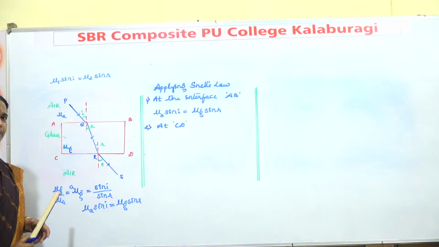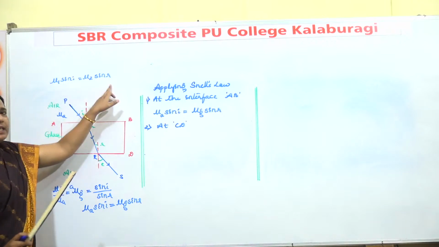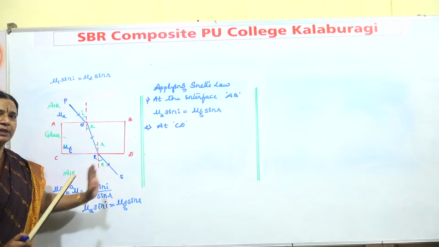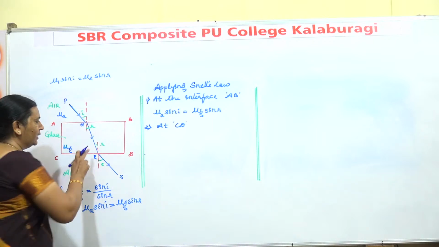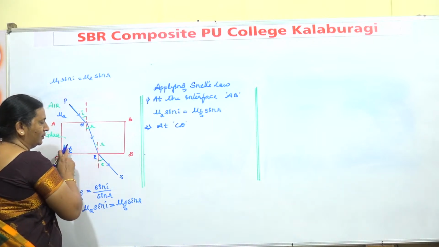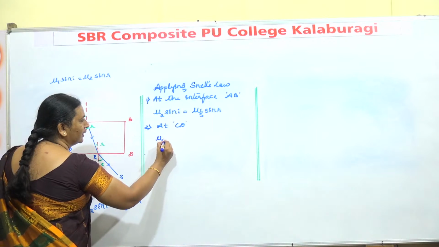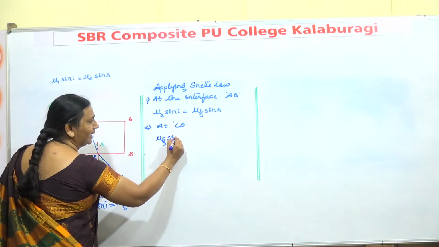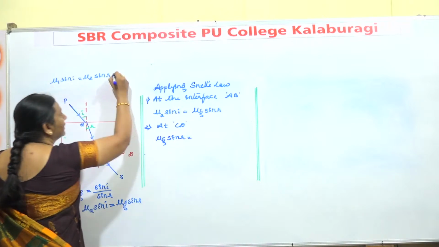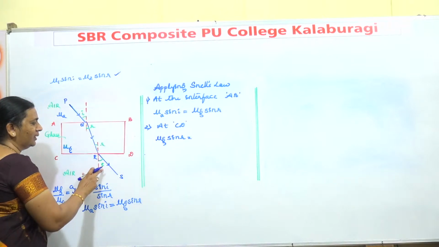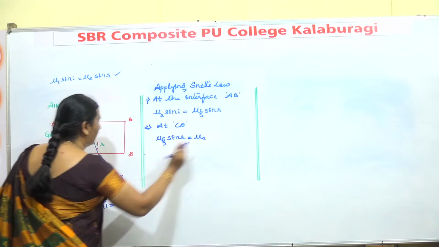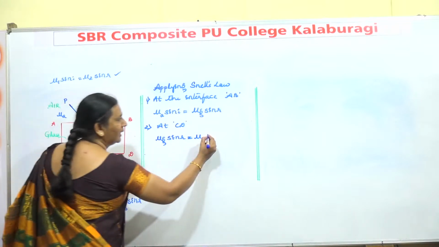Sometimes you may get confused, so this is easy to write. That medium, that angle. Hope you got it. What can I write here? This medium, that is mu g into sine of R. So at any interface you can apply it like this. Try to remember like this, easy to write. So similarly, mu of air into sine of angle of emergence.